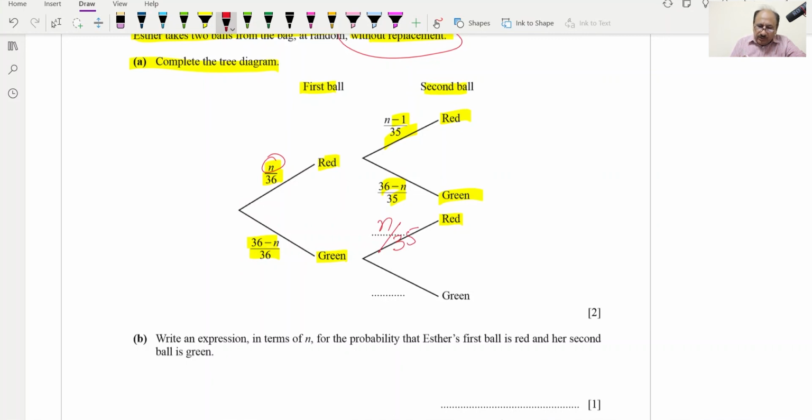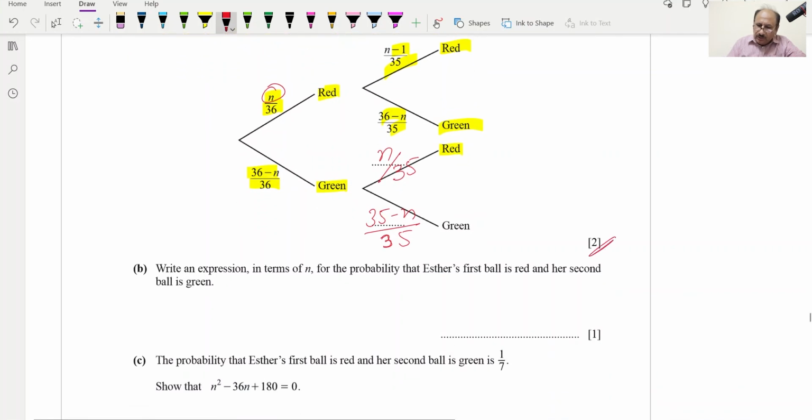And for green, one green is gone, so out of 36 it will now be 35 minus n, so 35 minus n over 35. This will be our probability for this. Now this is the 2 marks part which we are done.